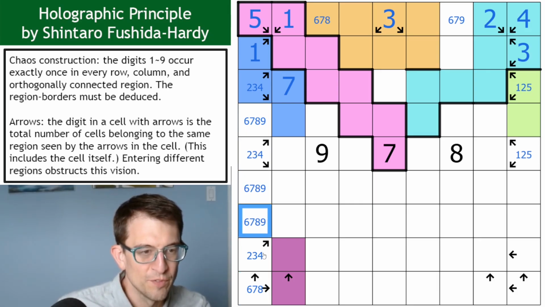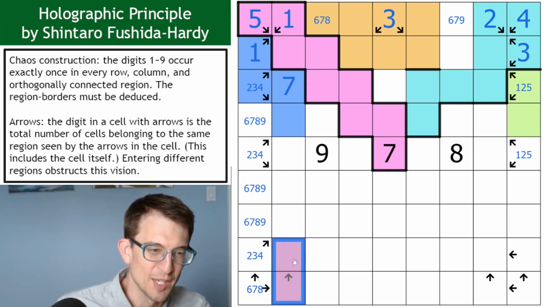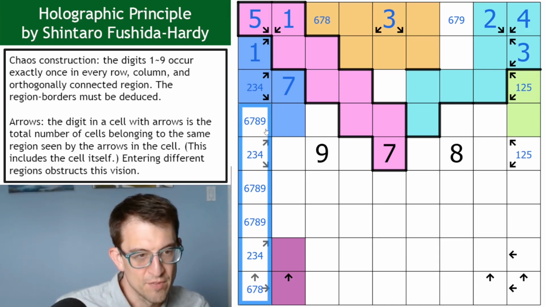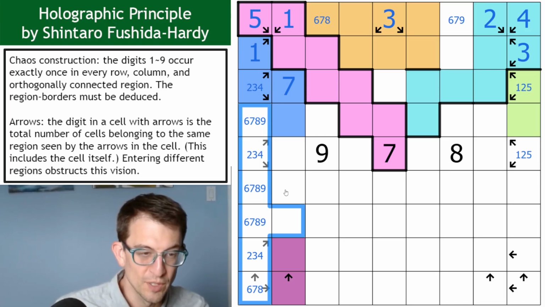One, 2, 3, 4, 5. Is it plausible that this is not purple? This would be a 6, and it will go all the way up. And then I would have to take at least this cell. It couldn't be blue, so this would have to take another cell like this. And then I would take one of these 2, depending on which of these was the 2 and which was the 3.